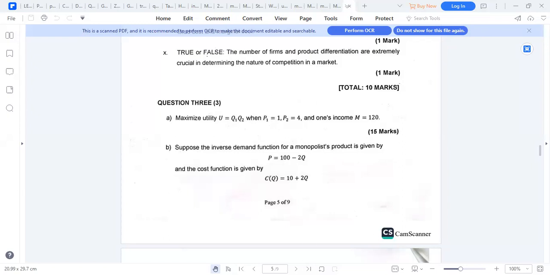Does anyone want to try to give an idea of what to do?